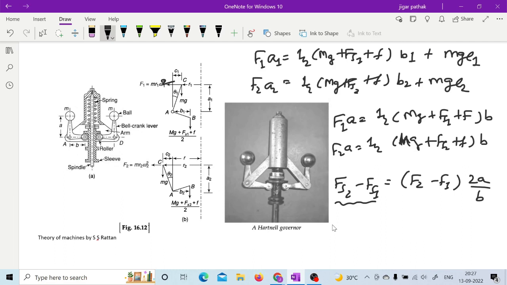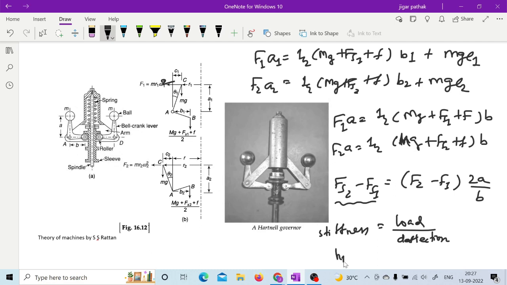So actually this spring force can also be given by this h1 into s, because load per unit deflection is stiffness, right? So load equals stiffness into deflection.